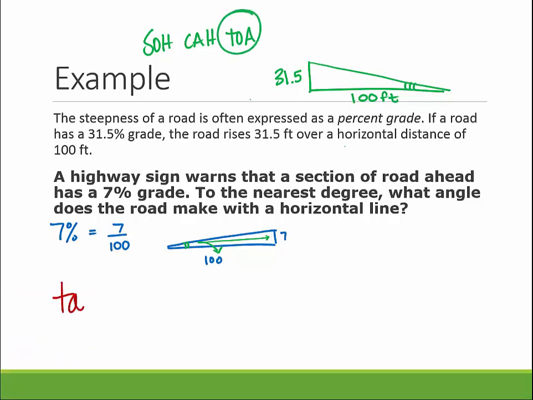So we want the inverse tangent of my opposite, which is 7, divided by my adjacent, which is 100. And if you type that into your calculator, you get right around 4 degrees, which makes sense when you think about it. It's going to be a pretty tiny angle because you're not rising up much for as much as you're running over.